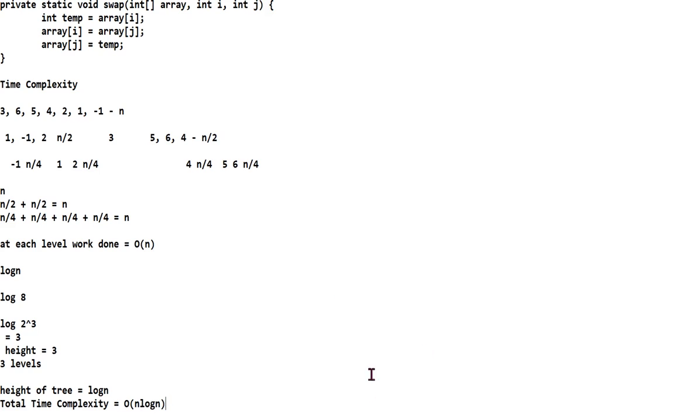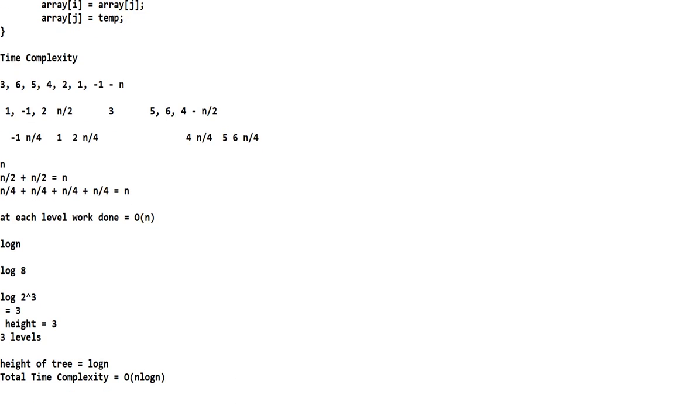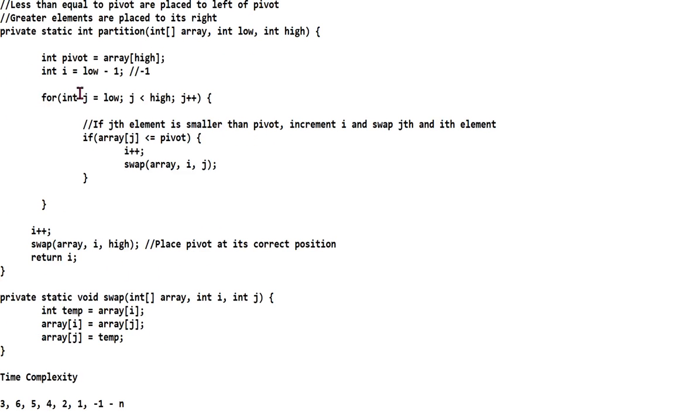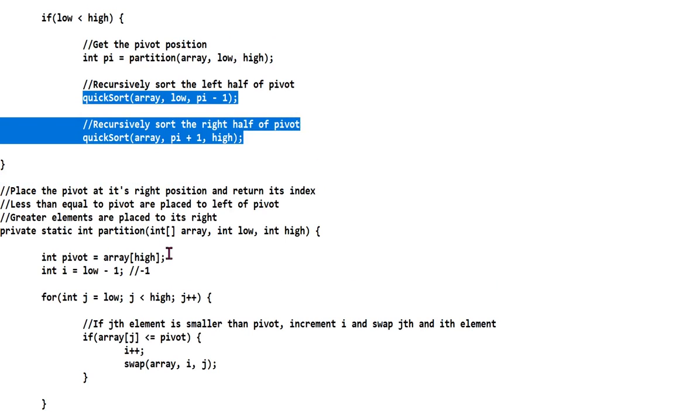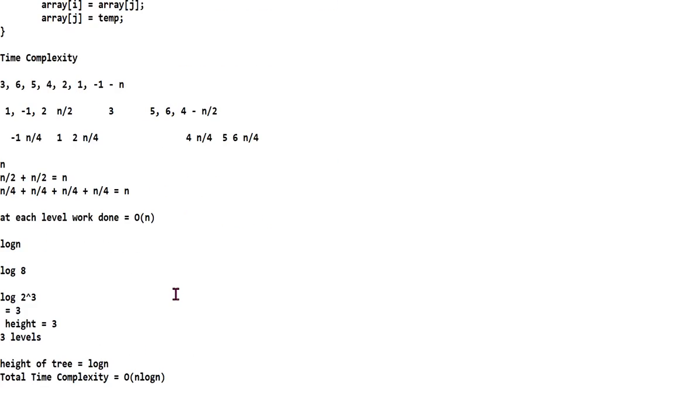What is the space complexity? Here we are not using any extra additional space, but we are making a recursive call to this quicksort function again and again. Whenever you make a recursive call, it creates a stack in memory of those calls.